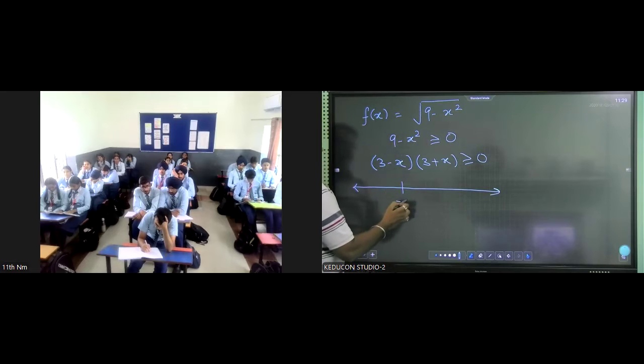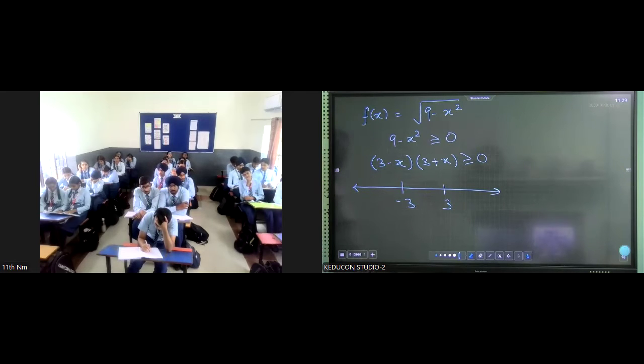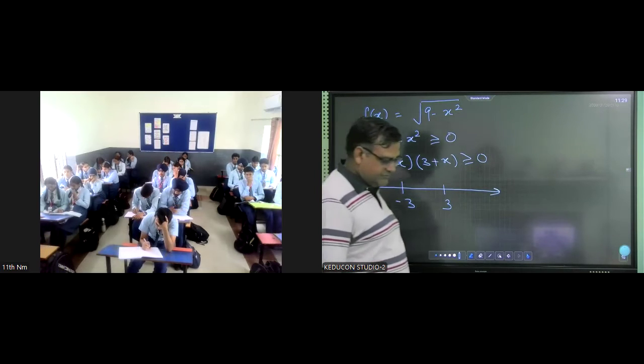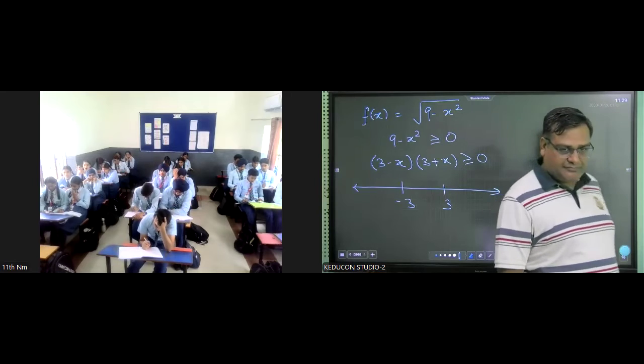Take this point -3, 3. Domain of this function. First find out the domain. Then you have to find out the range.